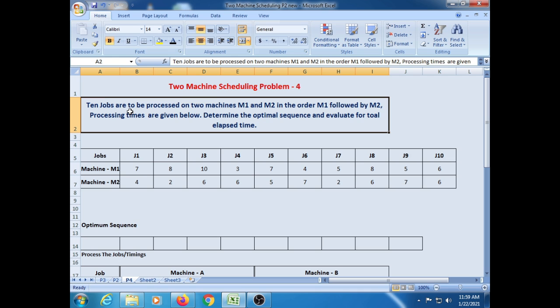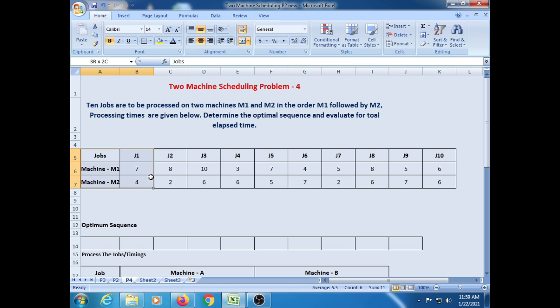So we have 10 jobs. We have to process the 10 jobs on two machines, that is M1 and M2, and the order of the machines is M1 and M2. So the processing times are given below. With the help of this box, we can know the processing times of two machines relating to the 10 jobs.